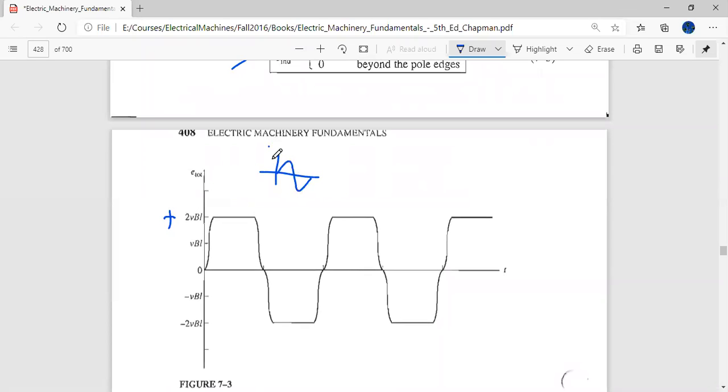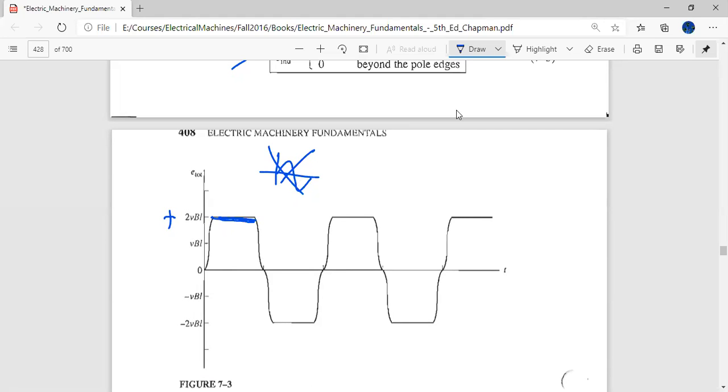It is constant because the magnetic field is always perpendicular to the wire. The two sides of the wire which are producing EMF, sides AB and CD, are both always perpendicular to the direction of the field, and the velocity is also constant.